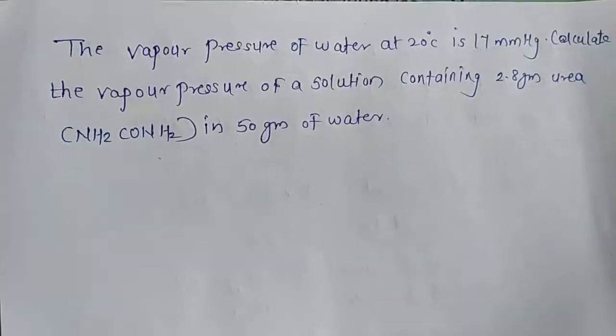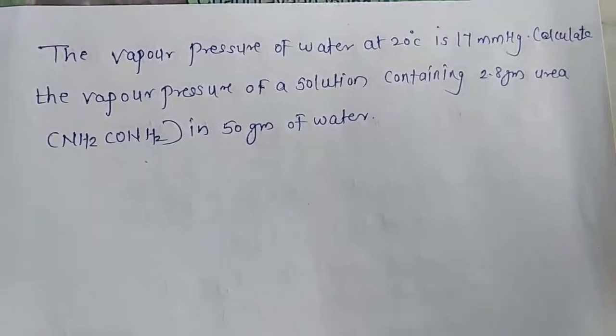Simplifying this, we are getting the value 0.0875. Newton per meter square gets cancelled. So we are getting three values: first the relative vapor pressure, the second the lowering of vapor pressure, and the third the relative lowering of vapor pressure. Okay, let's start the next problem.